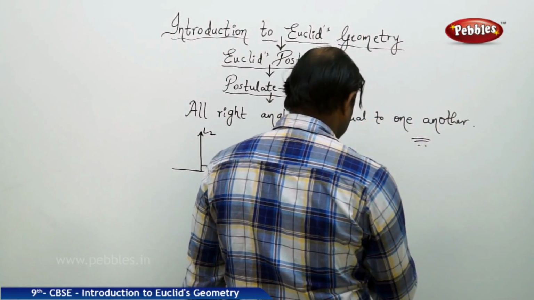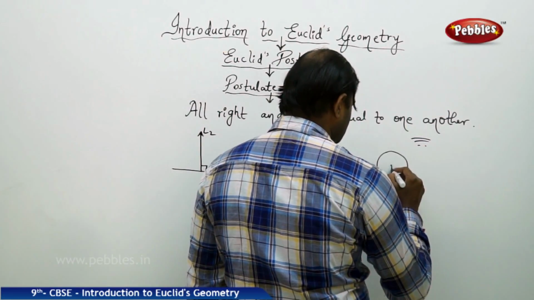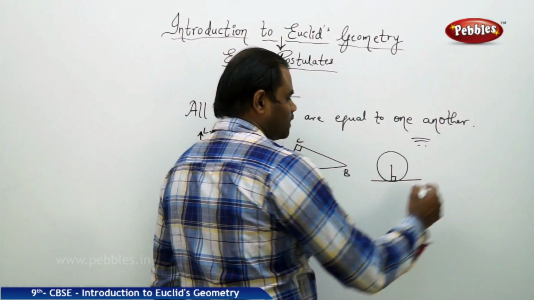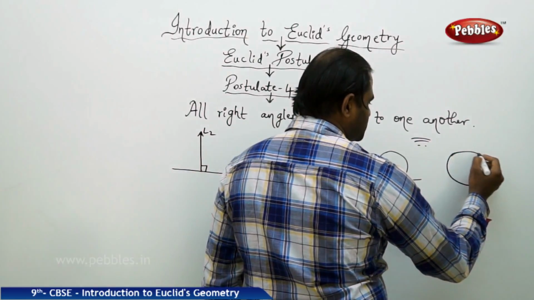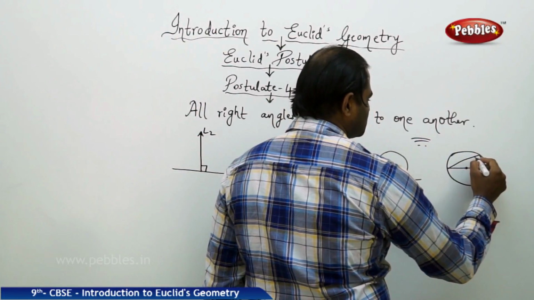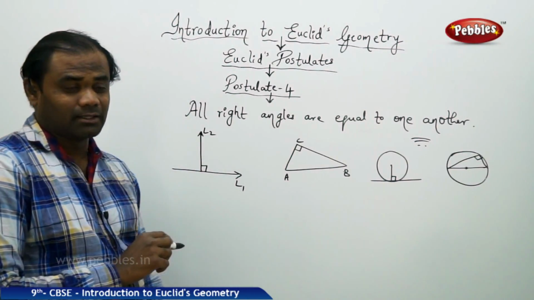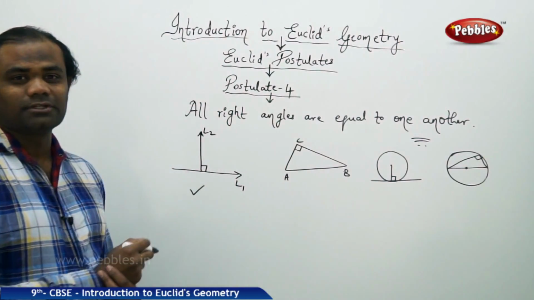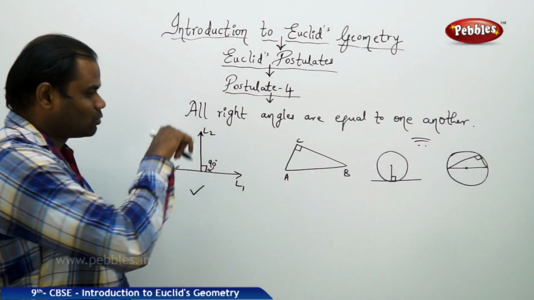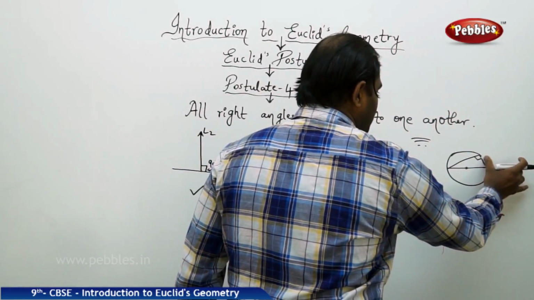For example, I have a circle, or I have one more circle property which says the angle in a semicircle is 90 degrees. So in this case, I have 4 cases of right angles, where I have the line L1 which is exactly at 90 degrees. Usually 90 degrees is denoted by this square symbol. So this represents angle 90, which is how I understand the 90 degrees concept.